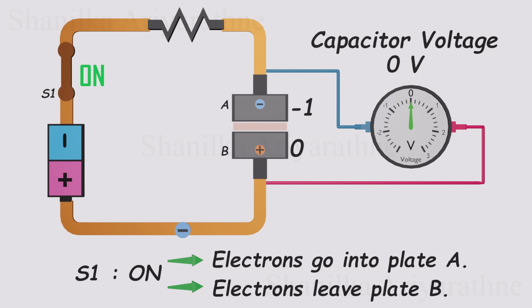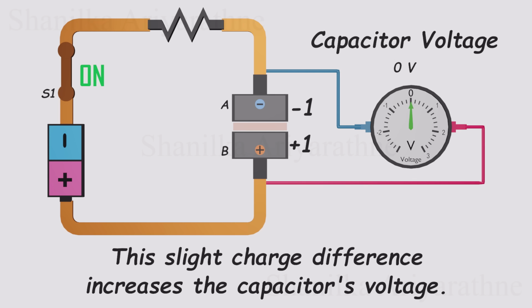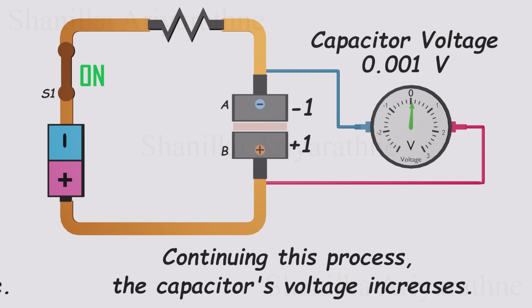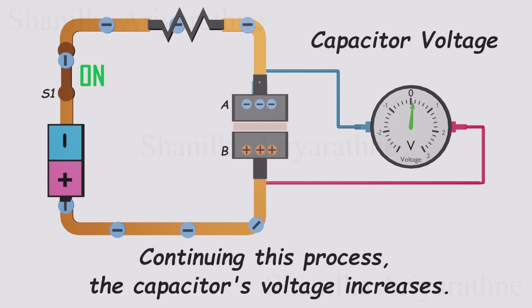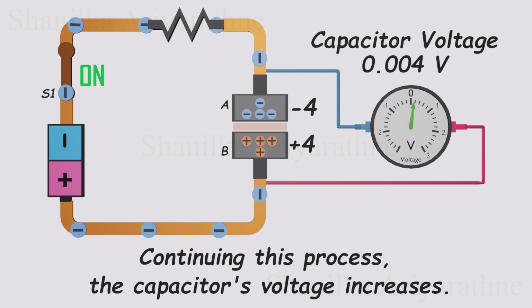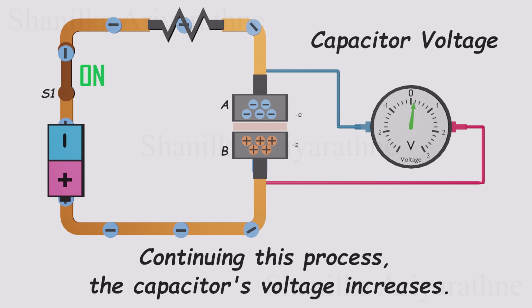And another electron leaving plate B brings its total charge to +1. This slight difference in charge causes an increase in the capacitor's voltage. Continuing this process alters the total charge on both plates, consequently increasing the capacitor's voltage.